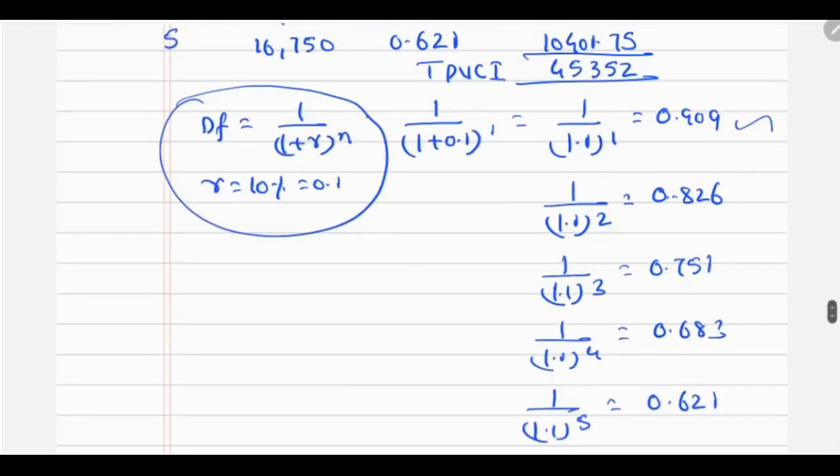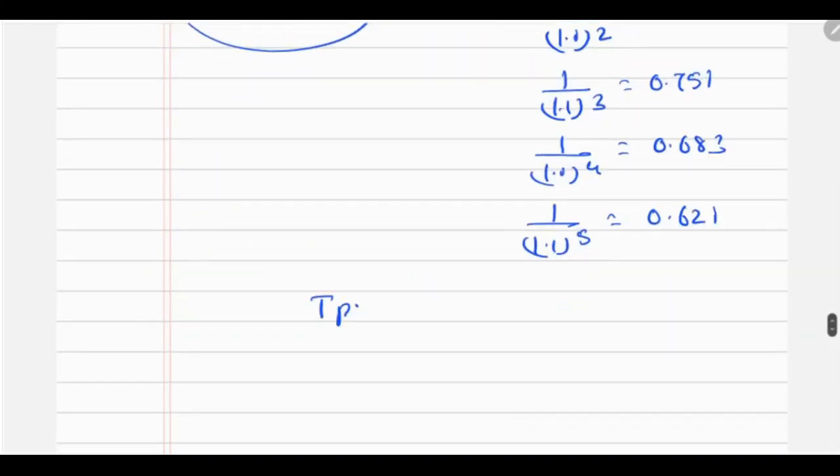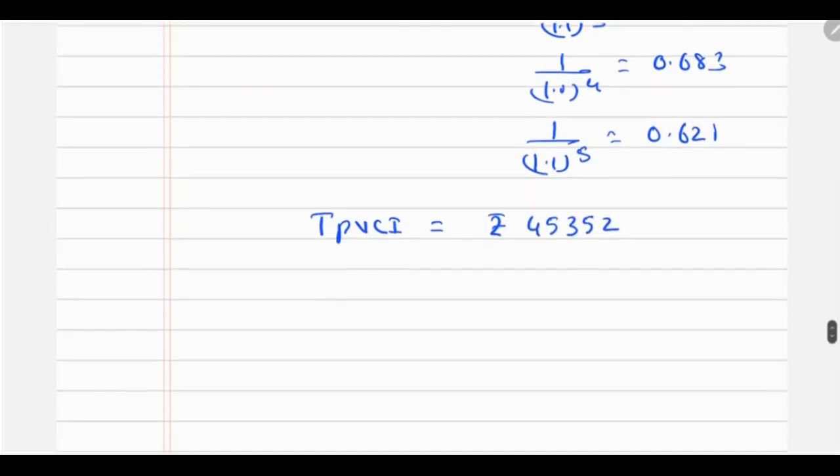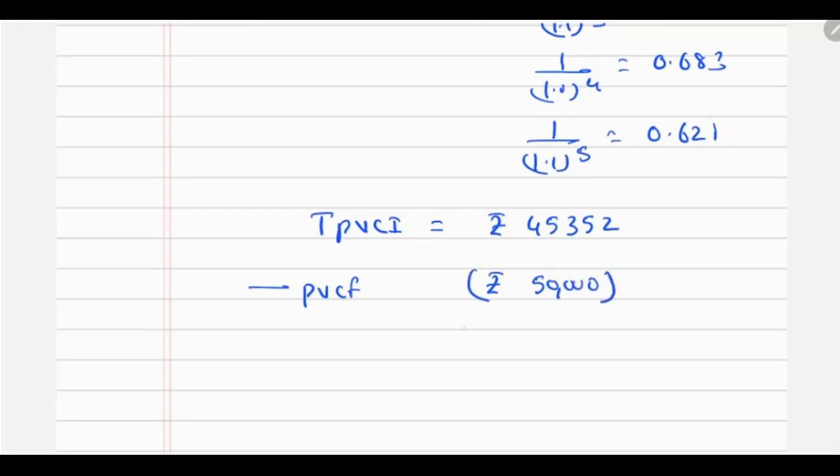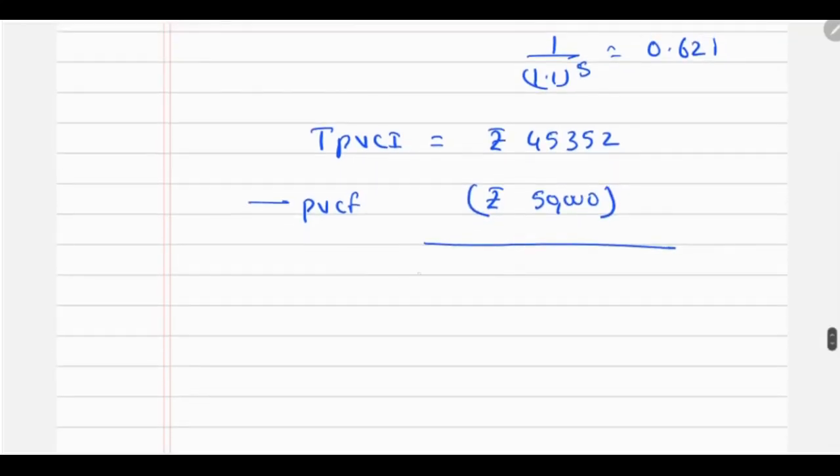From this total present value of cash inflows, if I subtract the investment amount, which is nothing but our initial investment of the project, 50,000, you have to check whether the NPV comes negative or positive. In this case, we are getting a negative NPV, which comes around 4648.